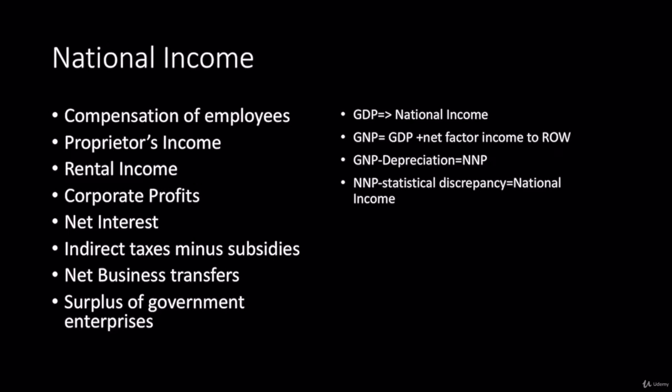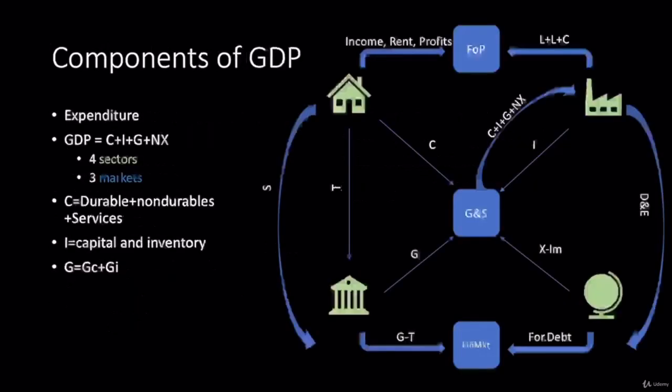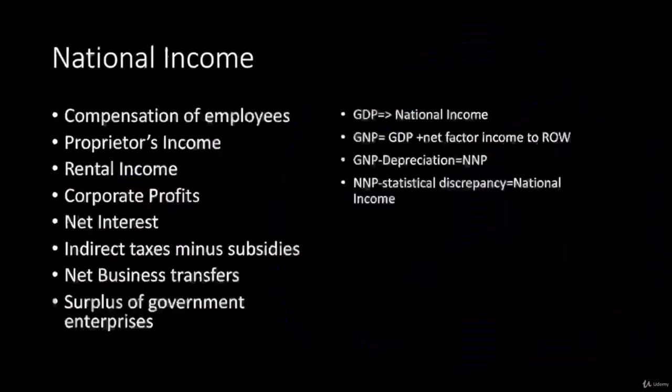Well, if I measure GDP using these components, so add them all up together, I get national income. And if I get GDP using this model, C plus I plus G plus NX, I get national expenditure, GDP. So I should be able to go from one to the other. And I'm going to do that by going from gross national product, which is equal to GDP.